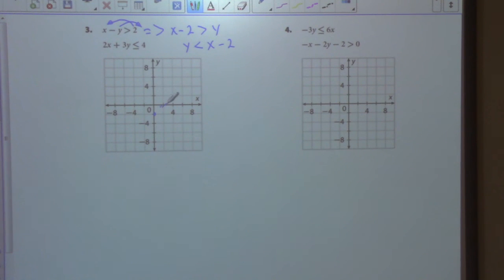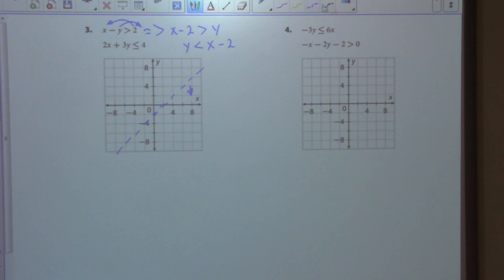So we're going to go up like this. Yeah, that's right. And then less than, so I'm going to draw a little arrow underneath.